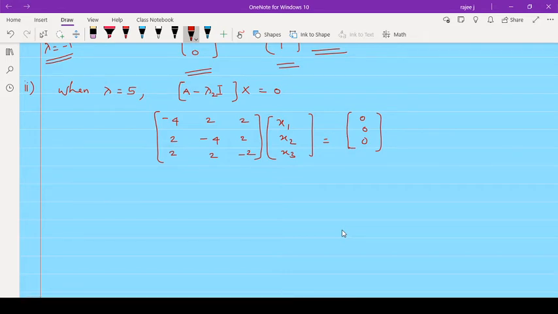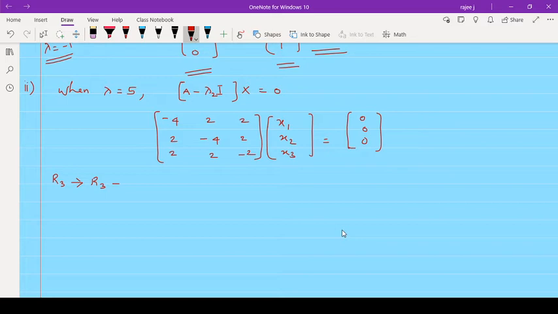so here if you are trying to reduce this to echelon form, just let's try. R3 changes to R3 minus R2. Okay, so this is 2 minus 2, 0 will come here, 2 plus 4, 6 will come here, minus 2 minus 2 will mean minus 4 will be here.